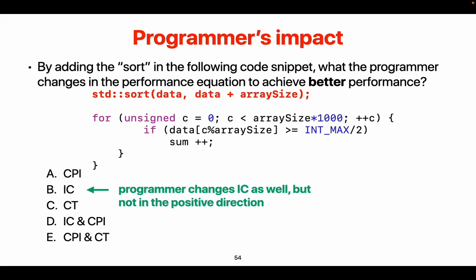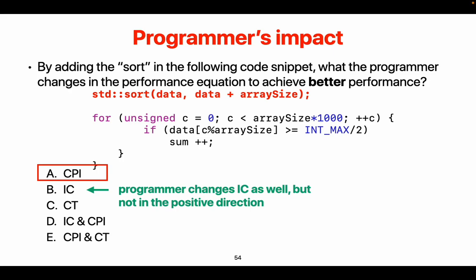Okay, so here's the thing, right? We know the programmer changed the instruction count, because adding a sort is, anyway, adding to the instruction count. Agree? Because you are executing more, you are doing extra stuff. But the performance is better. If you think about the performance equation, more instruction count means more time, so the performance is going to be worse.